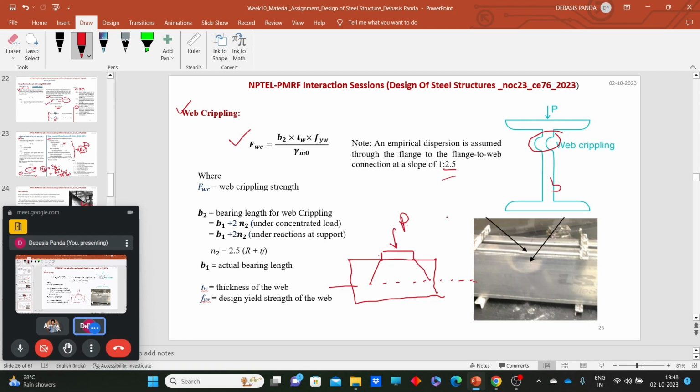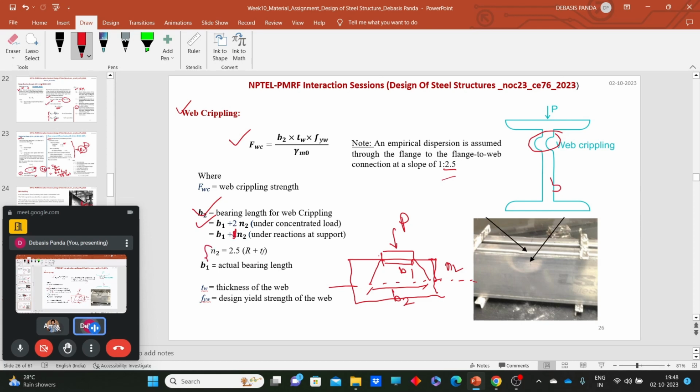If the load P is acting over here, then we need to calculate the value of b2, and this is your n2. The value of b2 depends on b1, which is the bearing length. Under a concentrated load, b2 will be b1 plus 2 n2, and under the support reaction, it will be b1 plus n2, not 2 n2, just n2.